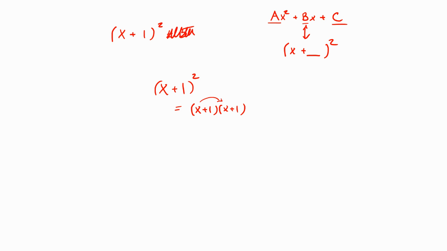And then we are multiplying and distributing x times everything in the second parentheses, and then 1 times everything in the second parentheses. And when we do this, what do we get? X squared plus 2x plus 1. So here we have the factored form when it's in a parentheses squared, and then we have the standard form below. And this is for a parabola, not for a circle, but the same exact concept is happening for us with our circles now.